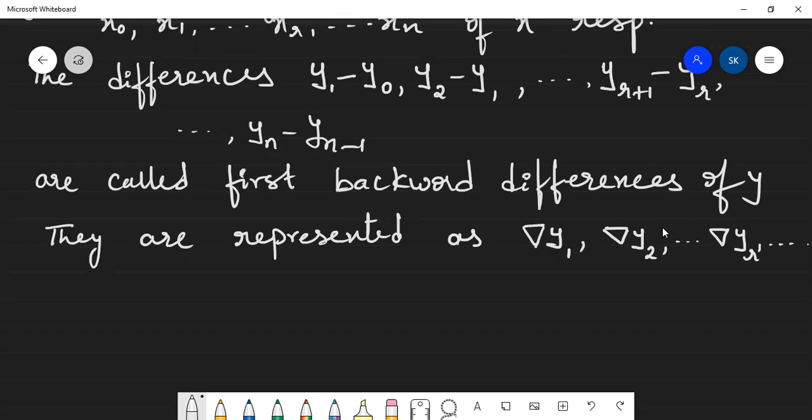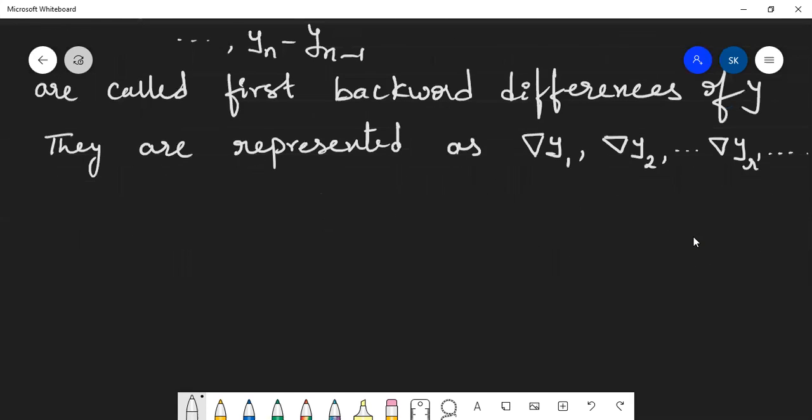This is the representation. What is backward difference y1?